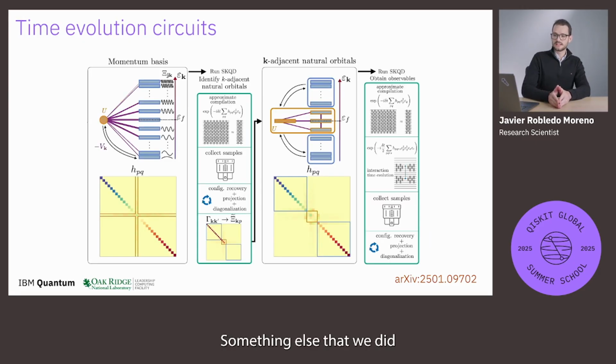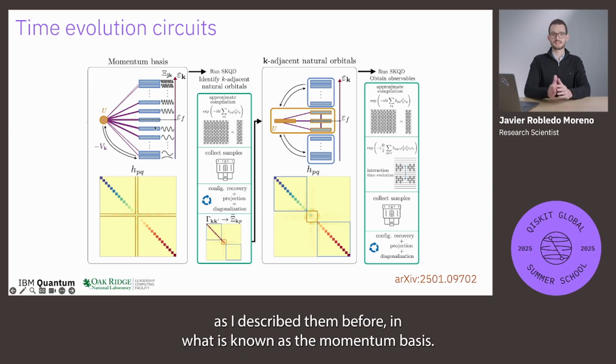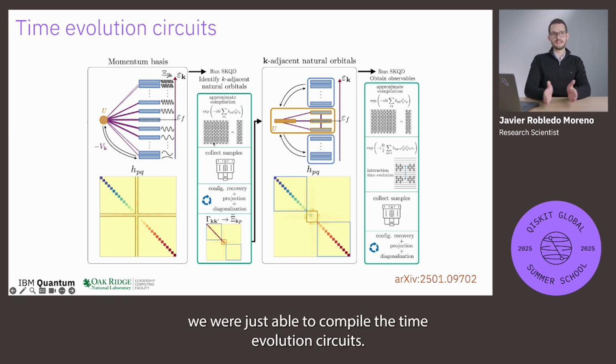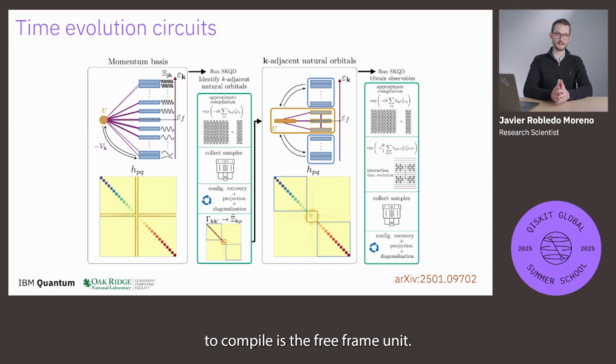Something else that we did to improve our results is we ran these experiments in two stages. In the very first stage, we just consider the impurity models, as I described them before, in what is known as the momentum basis. In the momentum basis, we were able to compile the time evolution circuits, and interestingly enough, the most expensive part to compile is the free fermion evolution.